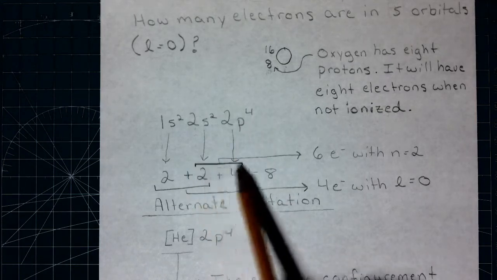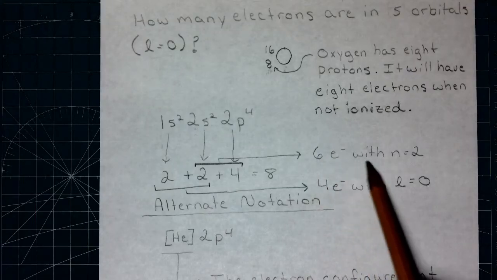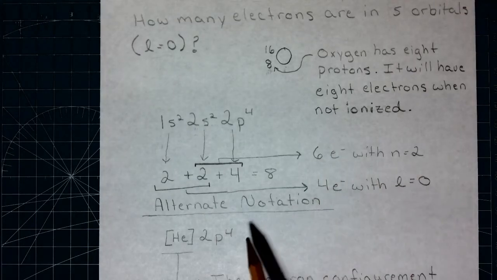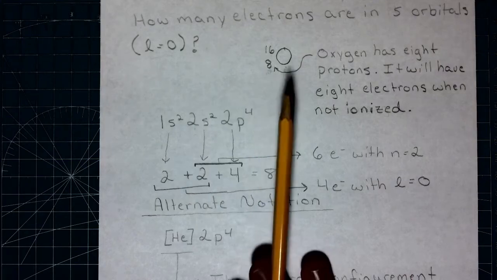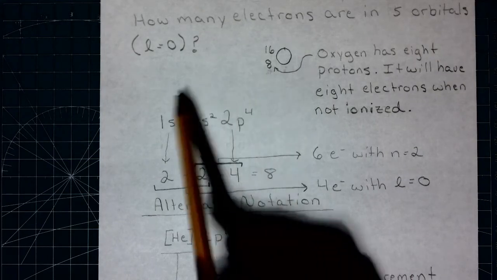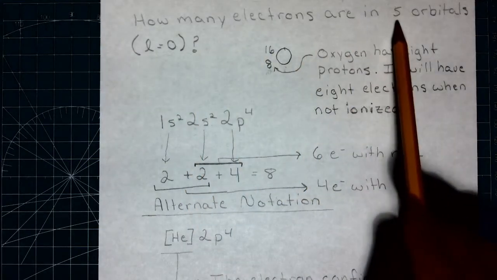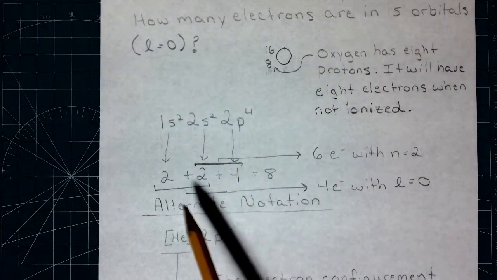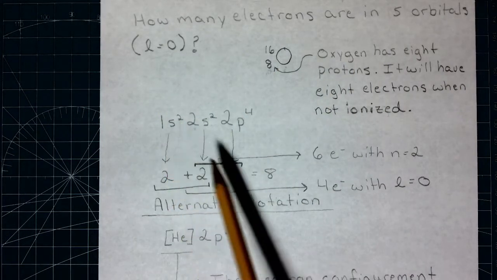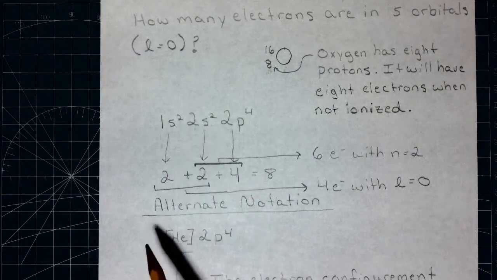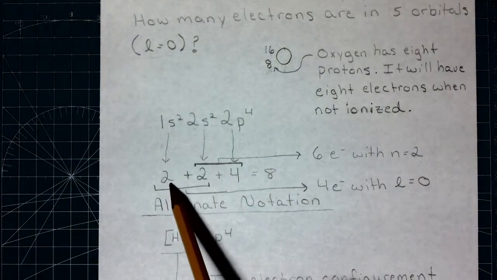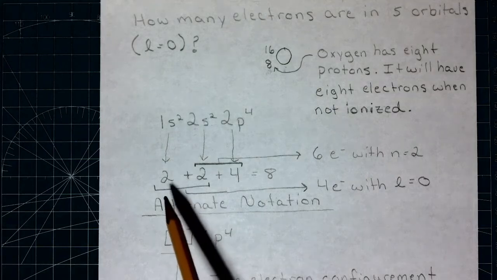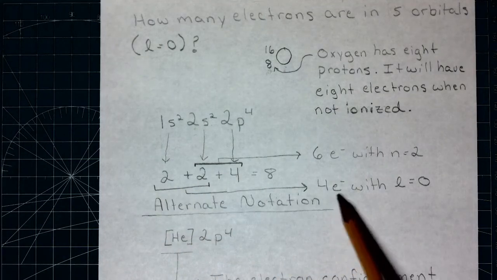So together, there are 6 electrons with n equal to 2. The other question is how many electrons are in the s orbitals, where L is equal to 0. Well, this is an s orbital, and this is an s orbital. They both have 2 electrons, so together there are 4 electrons where L is equal to 0.